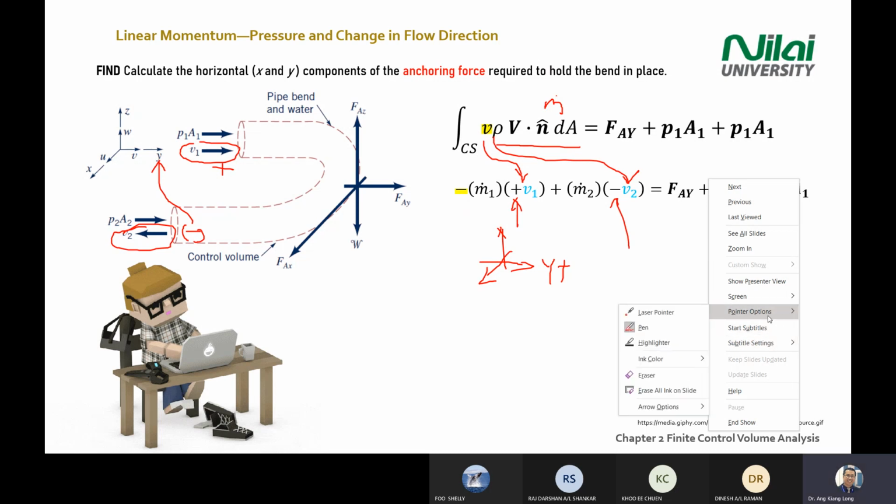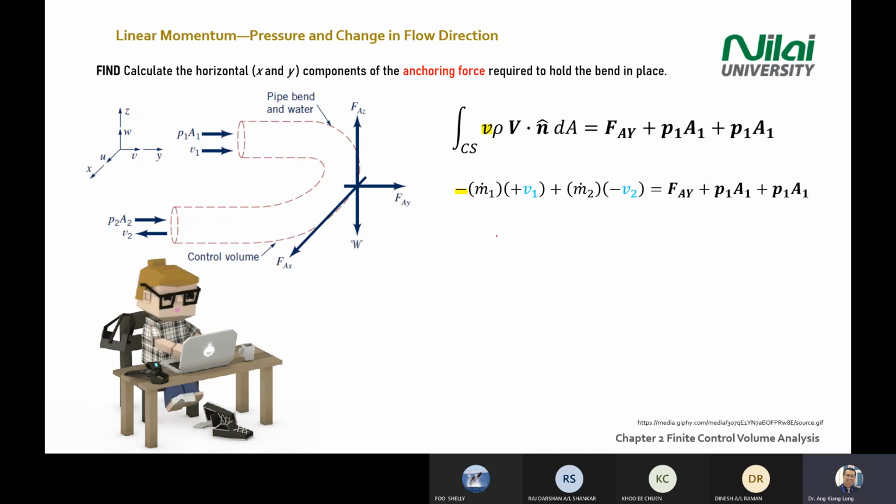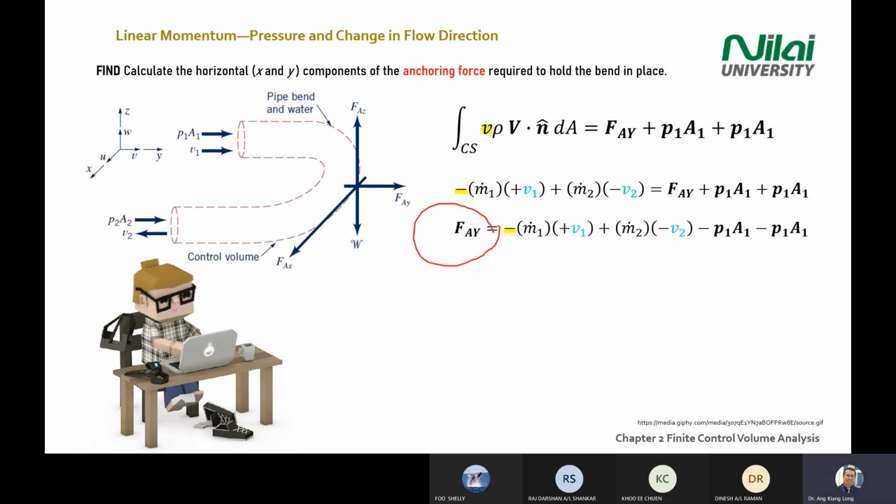The rest is mathematics steps, no further explanation needed. You rearrange the equation to find FAy by substituting all the known values.